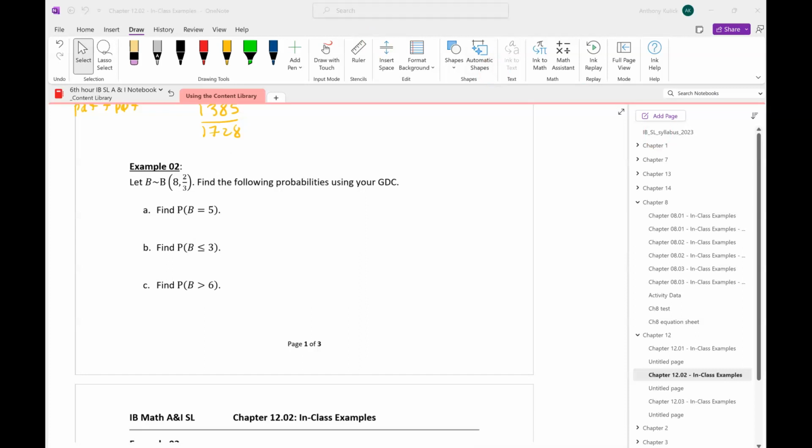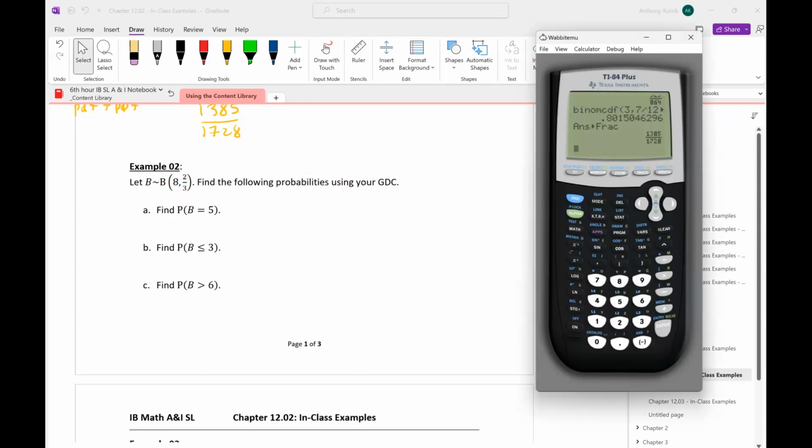Let's see, who's next? Get those calculators ready. Megan, you're next. So let B be the binomial distribution, B of 8, 2/3. Find the following probabilities. So for probability B equals 5, what am I going to do? Do you do the vars thing or no?